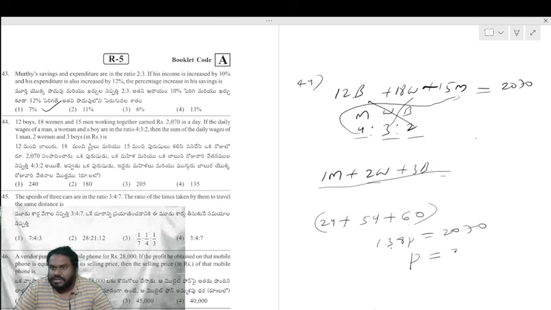Then one part of work will give you how much money, that's what you need to find. You don't have to find it, just keep it like this. So this is for one part.